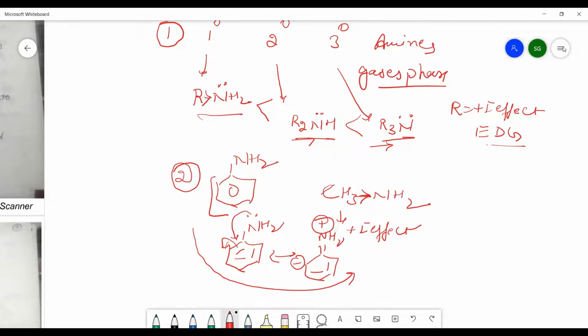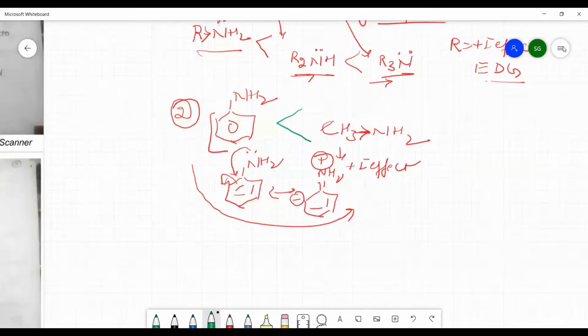These resonating structures indicate that the lone pair of electrons is not available for donation, and the basic nature decreases. So you may say that aliphatic amines are more basic in nature as compared to aromatic amines, or whenever aniline compounds are there, they are less basic in nature as compared to aliphatic amines.